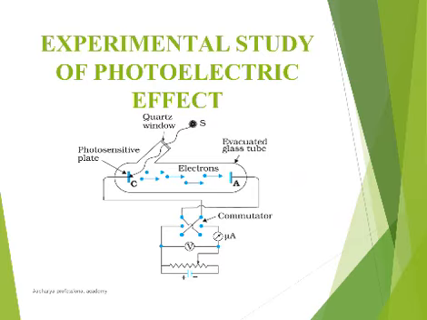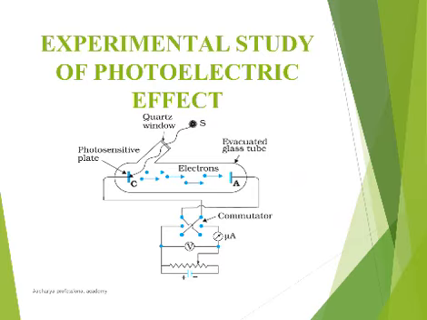Next we have the commutator, as you see in the diagram. Commutator is a word you come across in AC, right? Here it is not exactly the same device. The commutator is used to reverse the polarity of the applied voltage.